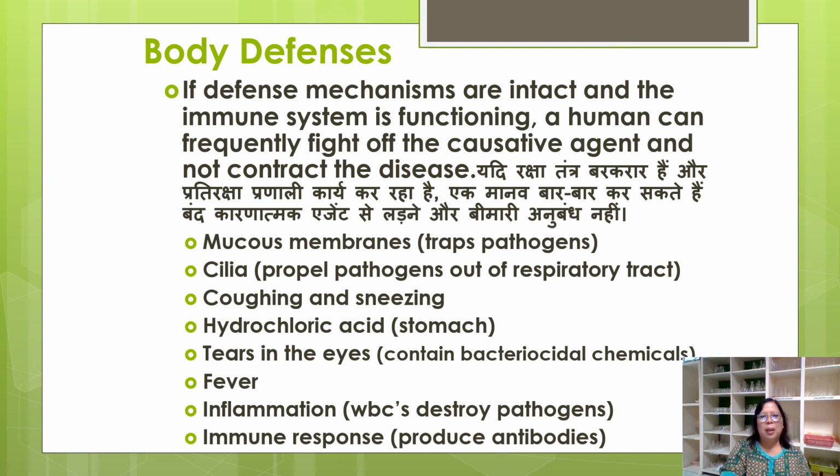And the hydrochloric acid in the stomach or any other secretions in the GIT or any system could help you prevent the entry or the reproduction of microorganisms if you maintain a healthy production of these body fluids.